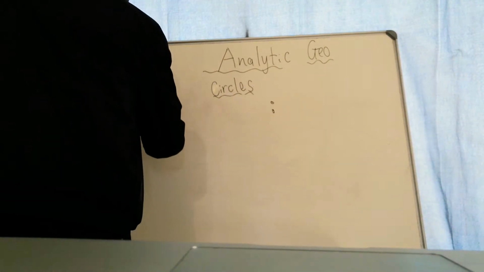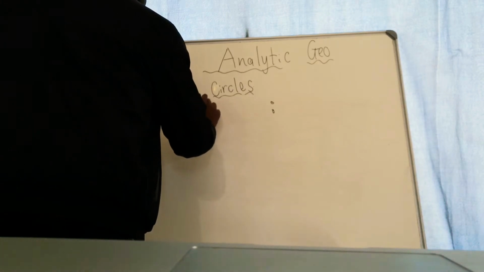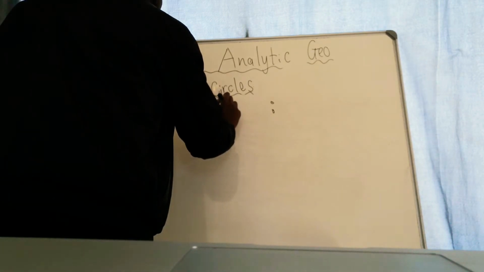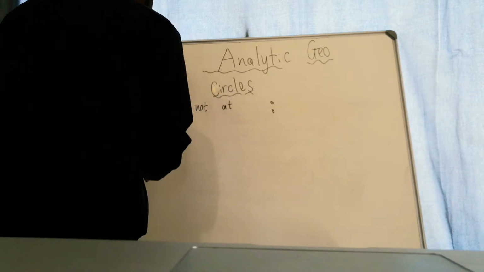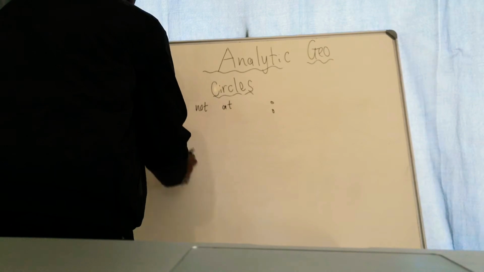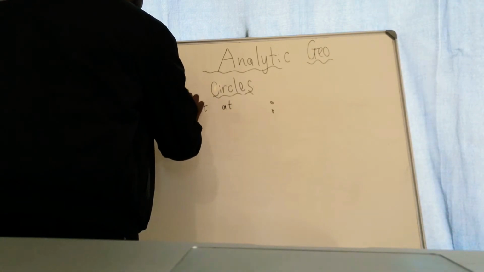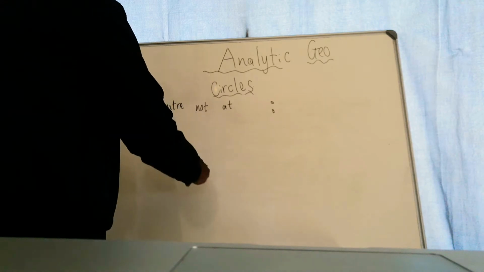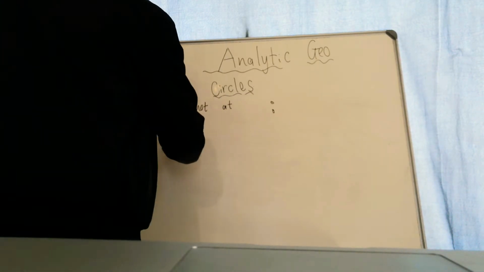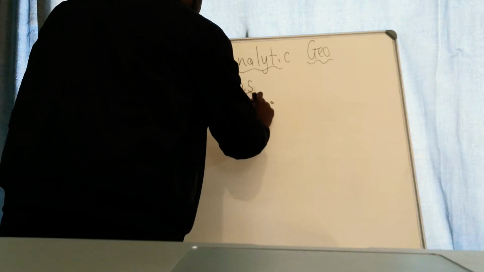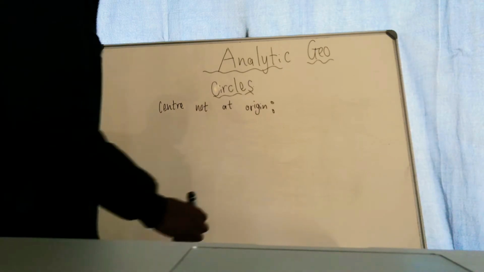So these are circles, or rather let me say center not at origin, because we already know we're speaking about circles, but I'm speaking specifically about the center of that circle. So center not at origin.